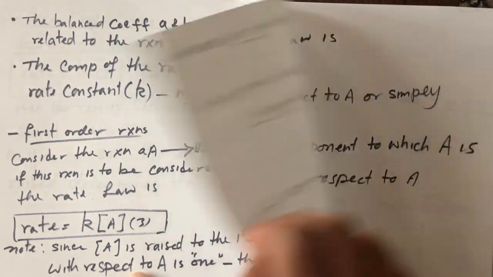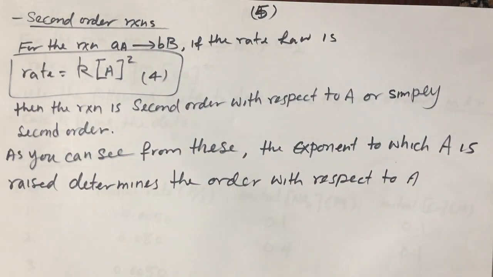Now, what about a second order reaction? A second order reaction is defined in the same way, except that A is now raised to the power of 2. So the exponent of A, which is the order of reaction with respect to A, is 2. For any second order reaction, we can simply write rate equals k times the concentration of the reactant to the power of 2, squared.